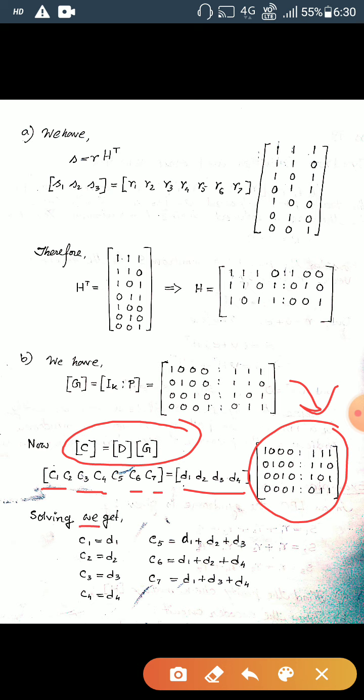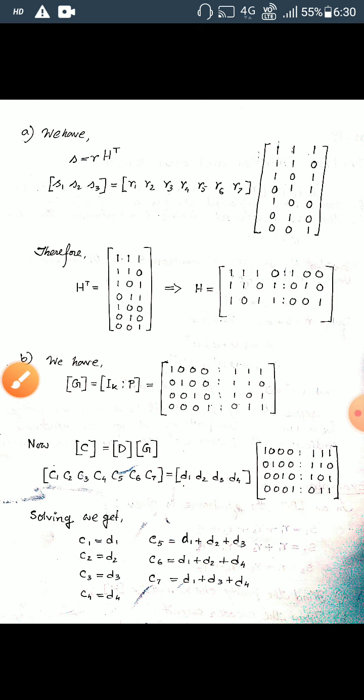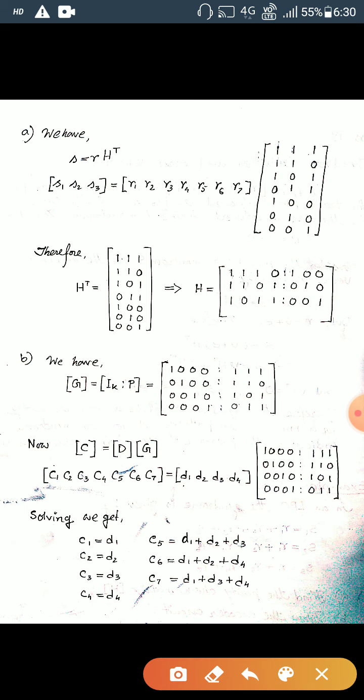Here C1 is equal to this row multiplied with the first column of G. So what happened here is only the 1 is present for the first term, so only D1 is present there, and D2 is only for the C2. In such a way you get this one.